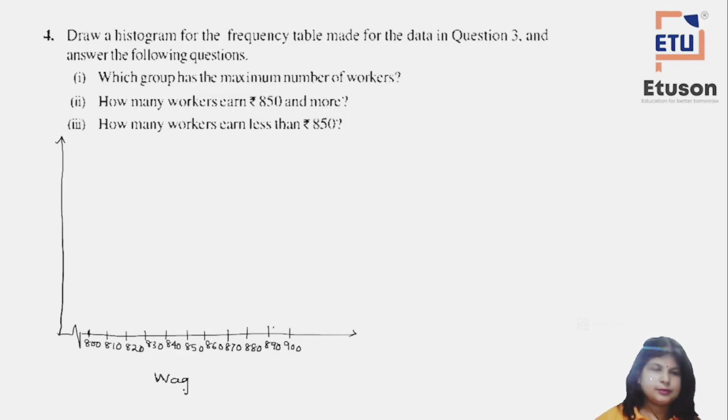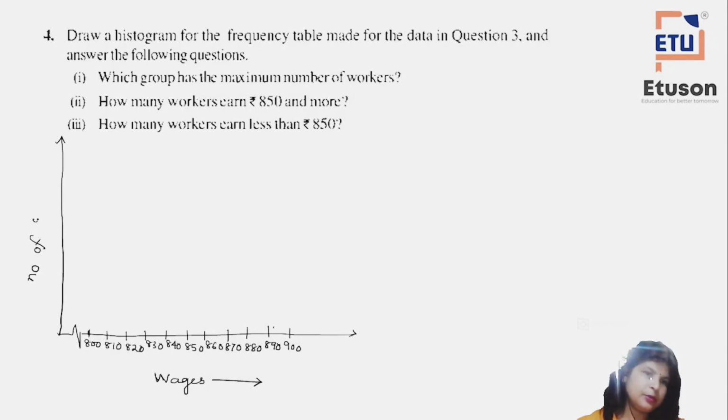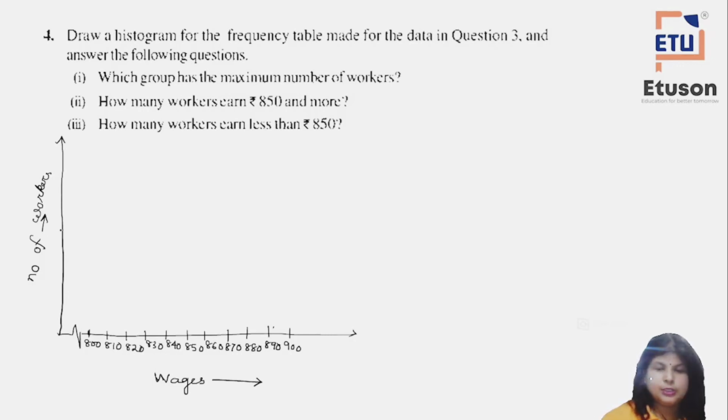Wages paid to the different workers. And here is the number of workers getting in that range, or this is nothing but the frequency. So what is the maximum range?